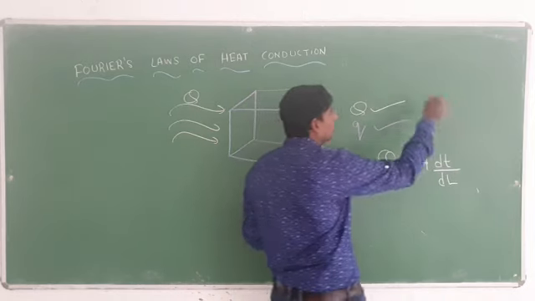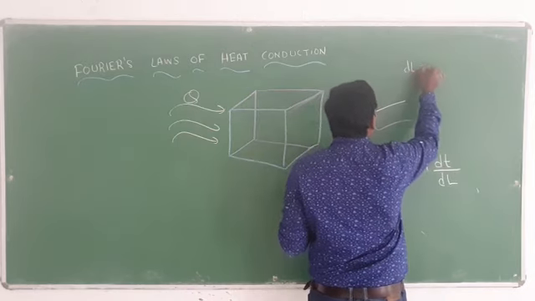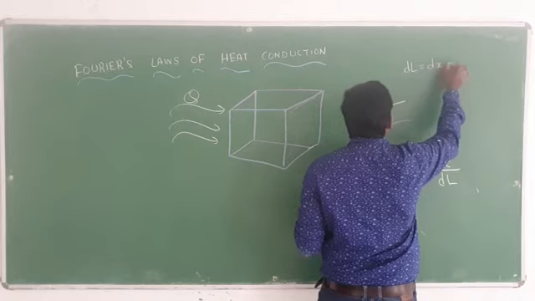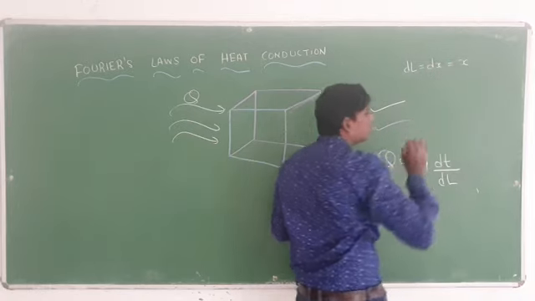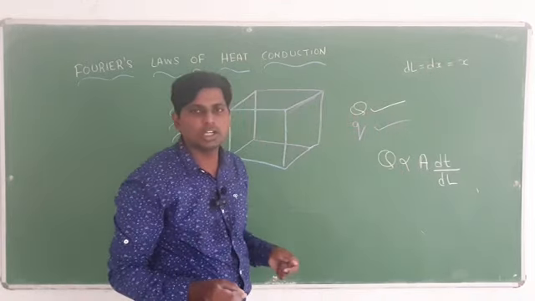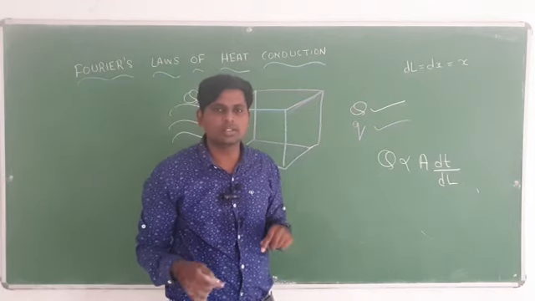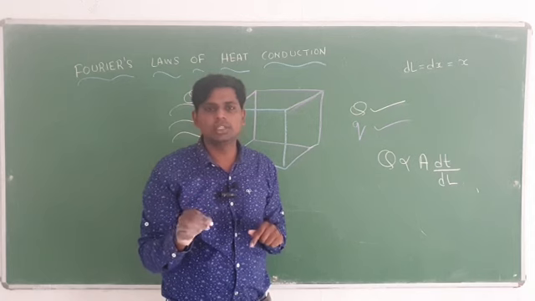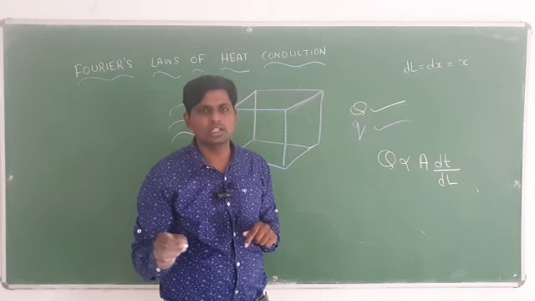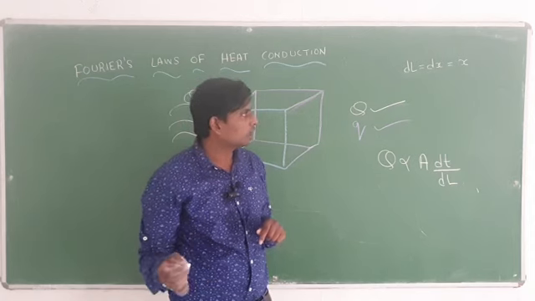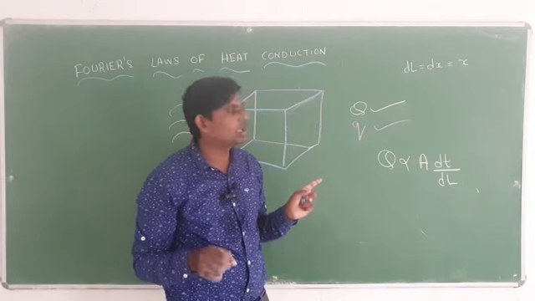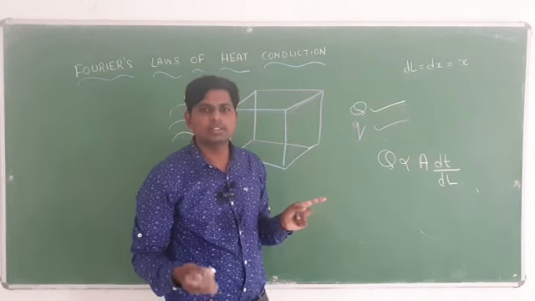Sometimes we call the length dl, sometimes dx, or sometimes x. Different authors follow different notations. Dx, dl, thickness, length, you can consider whatever you want. Some readers use dl, Sharma and other readers use dx, and some authors use x. It's up to you.